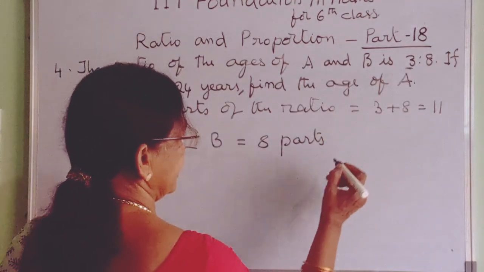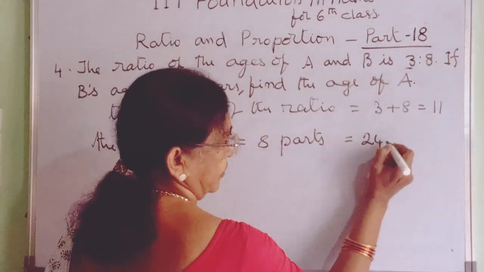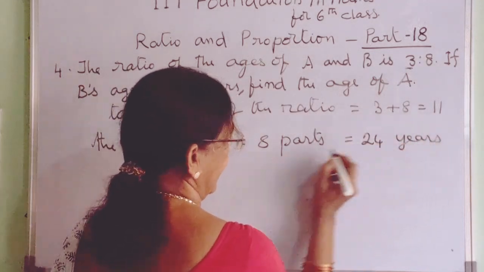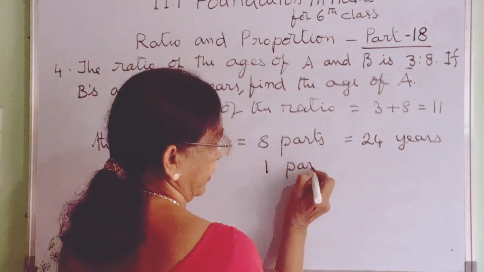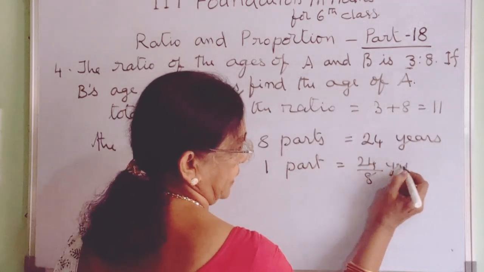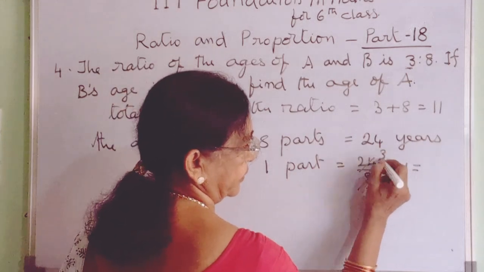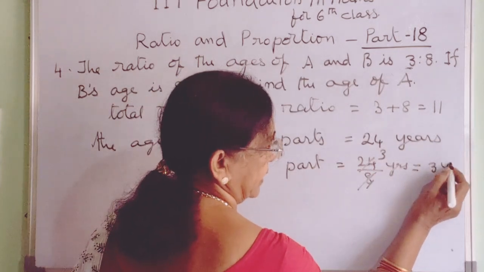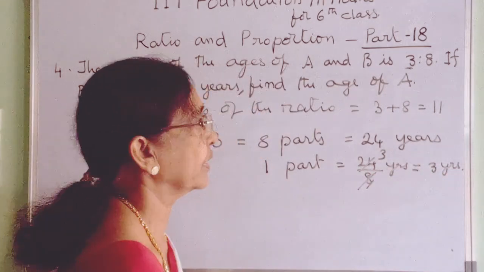B's age is given as 24 years. Therefore one part is equal to 24 by 8 years, 8 3s are 24, so each part is equal to 3 years.